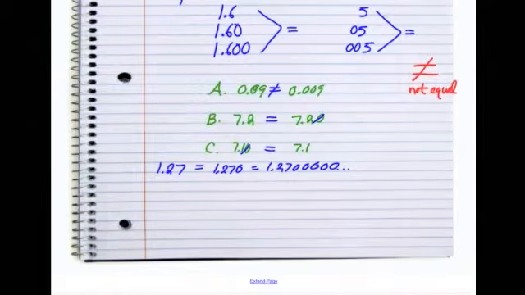Next, we want to just think about comparing decimals. And whenever you compare decimals, you want to use either the equal to sign, which we've discussed, the not equal to sign, which we've discussed, or the greater than and less than signs.